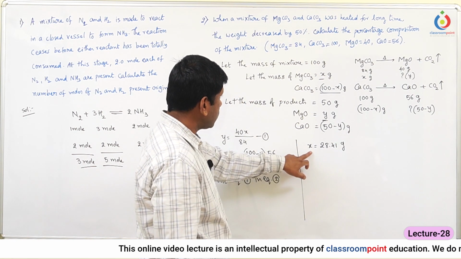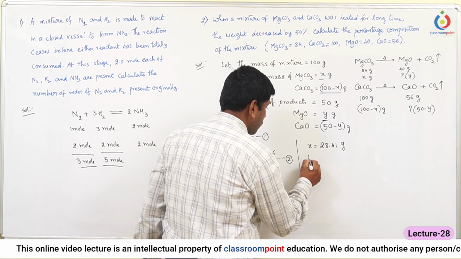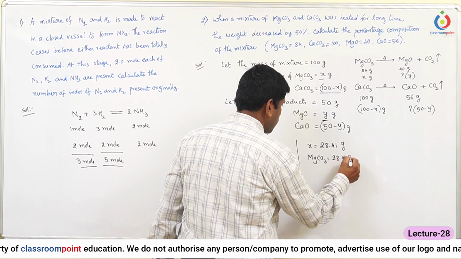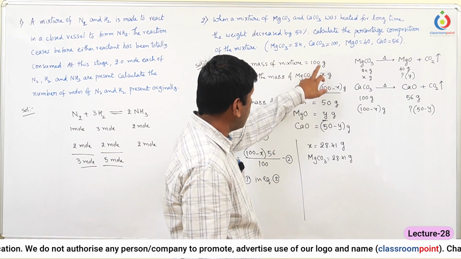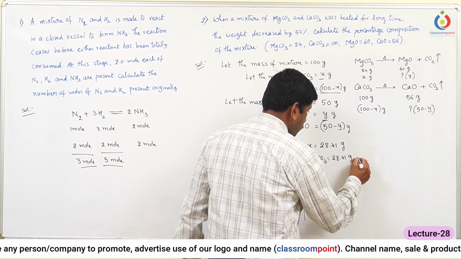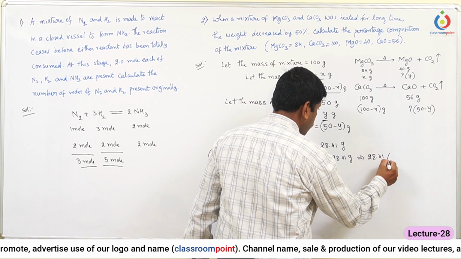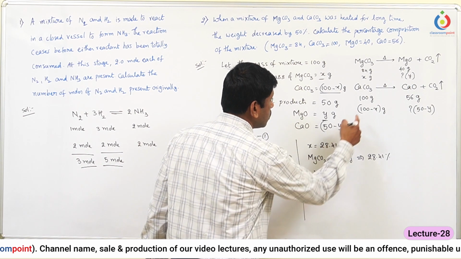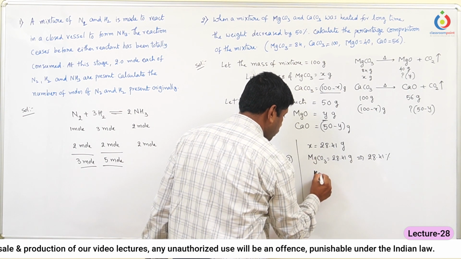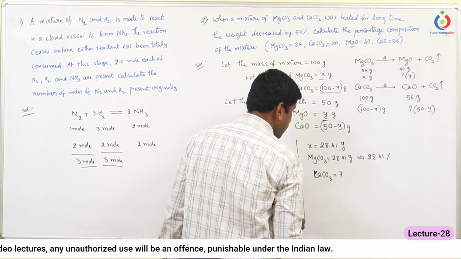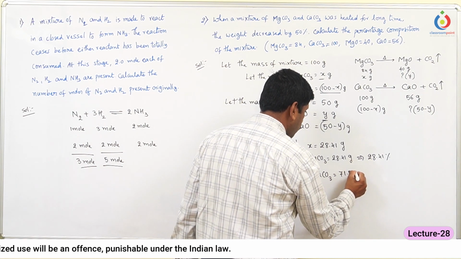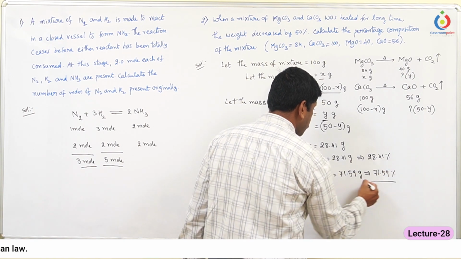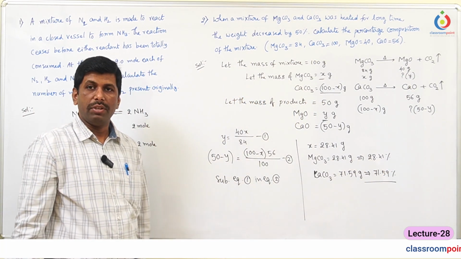Since this x is magnesium carbonate, the mass of magnesium carbonate is 28.41 grams, and this we consider for the 100 grams, so the percentage value is now 28.41 percent. The remaining is the mass of calcium carbonate, that is 100 minus x, so the mass of calcium carbonate, CaCO3, is 71.59 grams, or 71.59 percent. So copy this and we shall solve one more question.